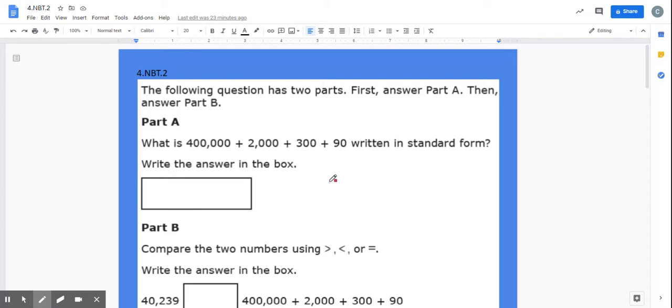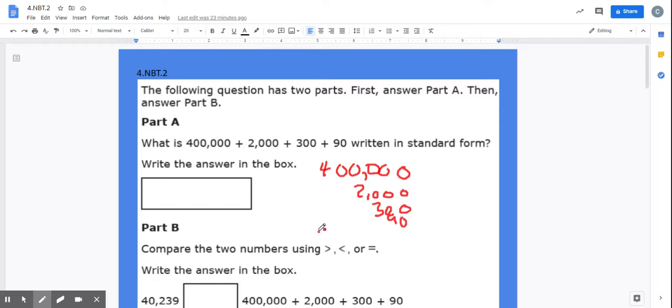So our strategy for turning expanded form, or a number written based on its individual values, into standard form is to line up the numbers by place value and then do exactly what expanded form tells us to do, which is to add the numbers together.